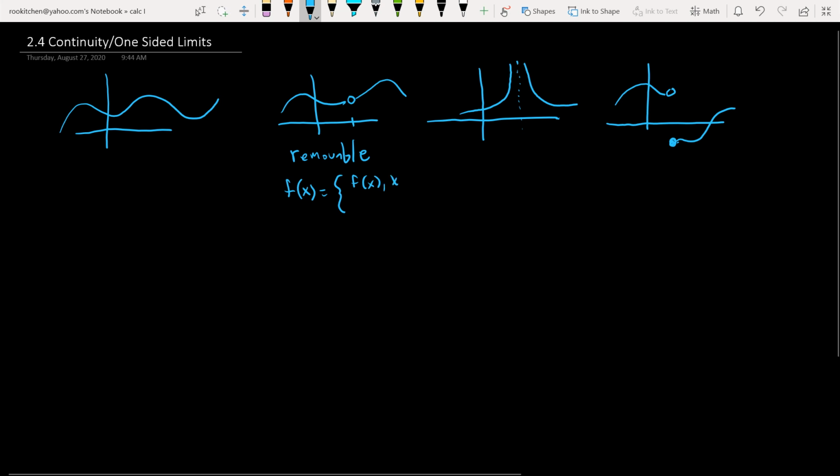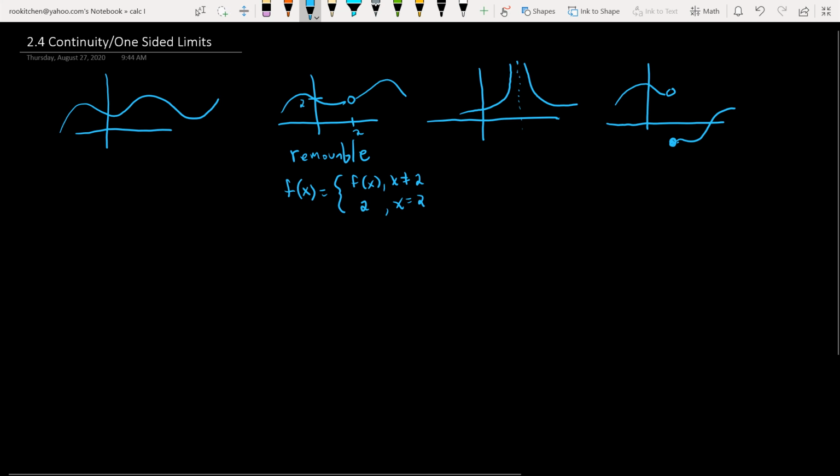So maybe this is the point 2, so x not equal to 2. And then, what a coincidence, maybe the value is also 2. Let f of x equal 2 when x is equal to 2. Okay, so that would fill in that dot, and it would be continuous. So that's one reason why they call it removable. It's fixable in a sense.